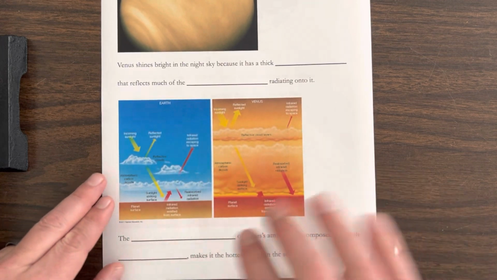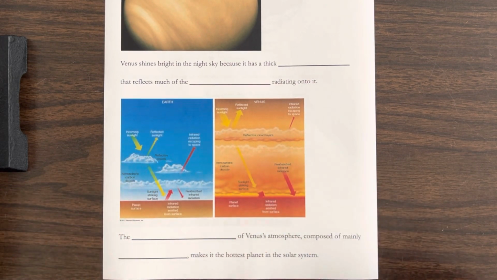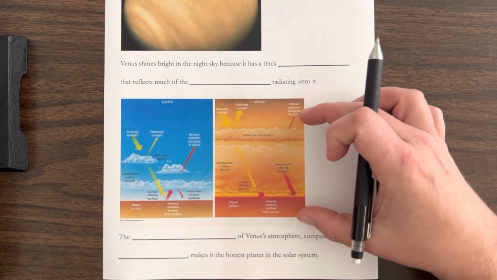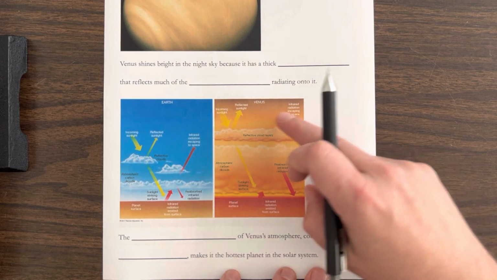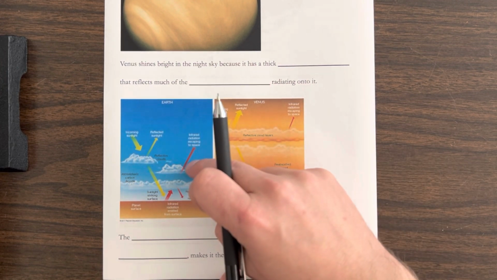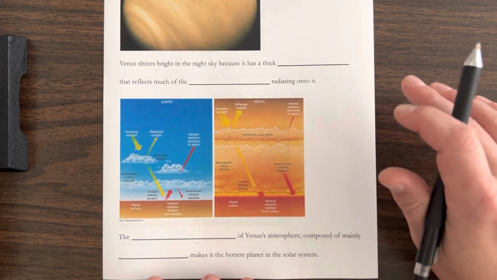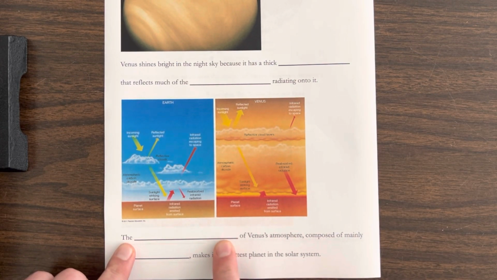And then down here, it's comparing Earth's atmosphere and Venus's atmosphere. And what you should really notice is how incredibly dense and thick Venus's atmosphere is, much more so than Earth's. Venus is an example of the greenhouse effect.